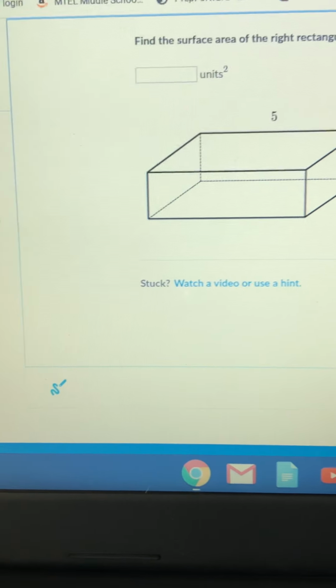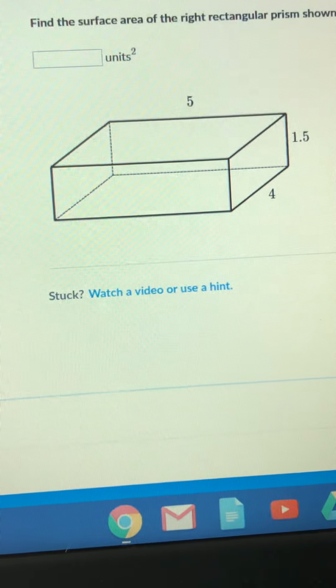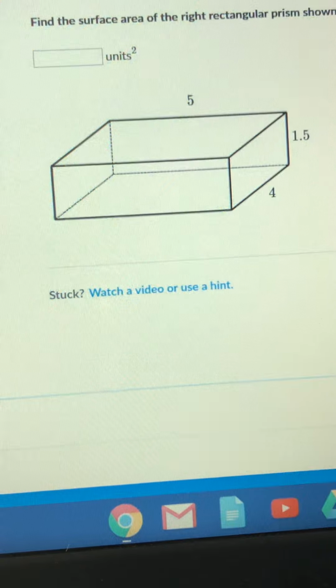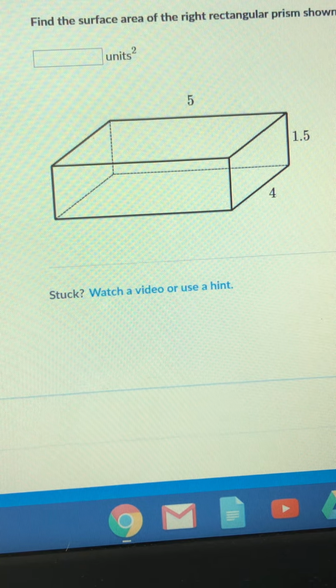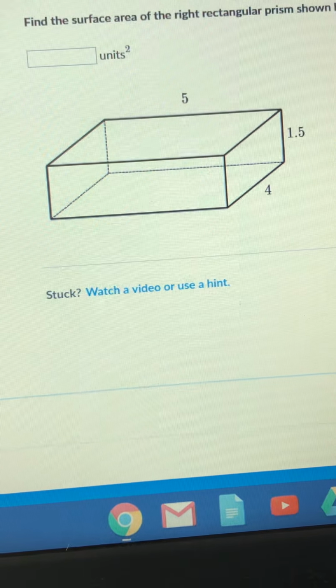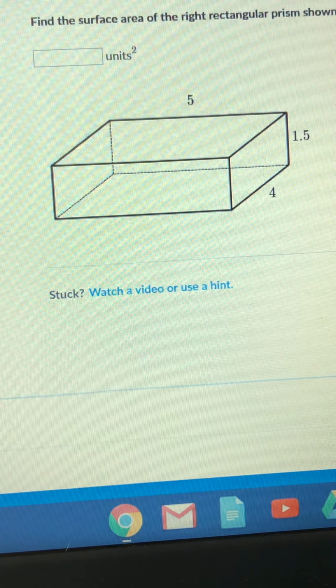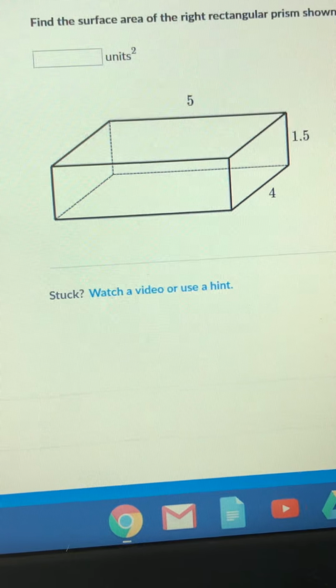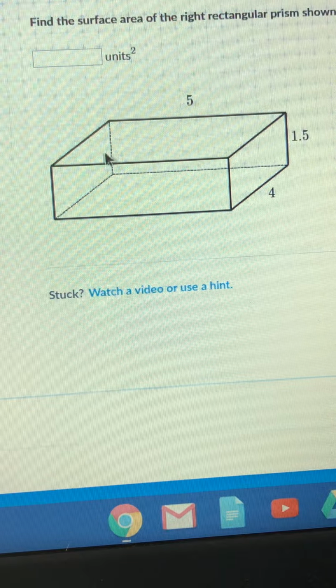All right, and next they've given us a rectangular prism, which we need to find the surface area of. So on this rectangular prism, we just have to be careful that we are breaking up the shape in the way that it's given. We can try to color code this. I definitely recommend color coding when you're finding surface area.